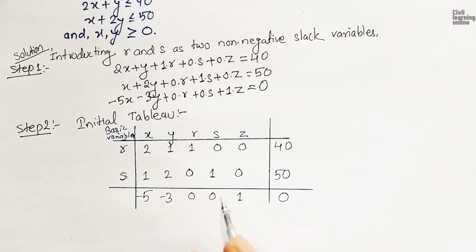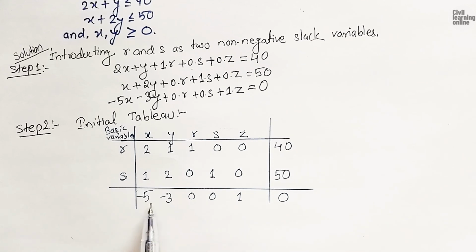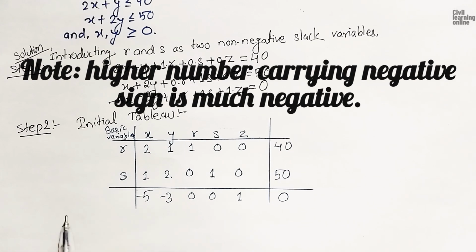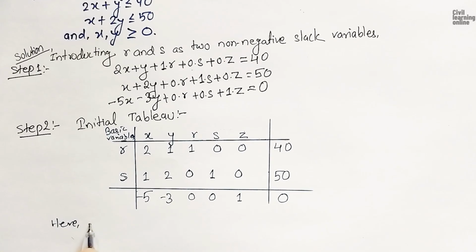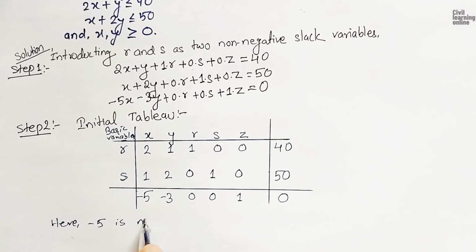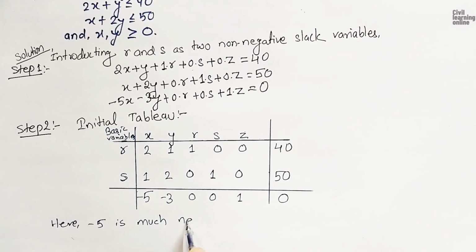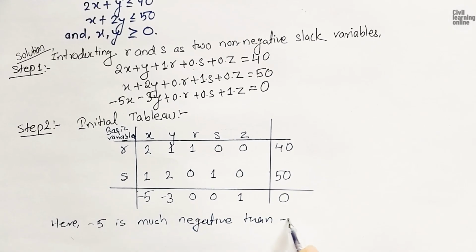What we need to do is look for the most negative element in the coefficients of the objective function. Here we can see that minus 5 is more negative than minus 3. So I am going to write here, minus 5 is more negative than minus 3.